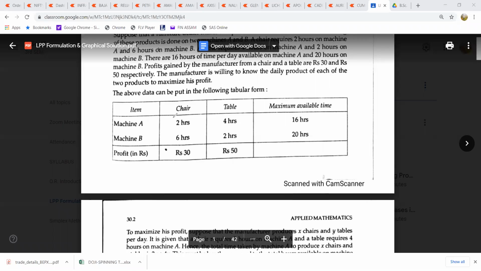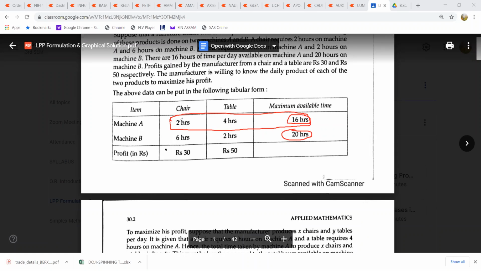The first condition is on machine A. The machine A can run up to a maximum of 16 hours. And on machine B, the condition is that it can run up to 20 hours. It cannot run more than 20 hours in a day.